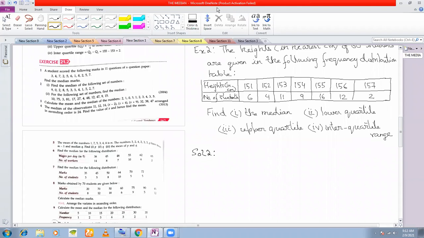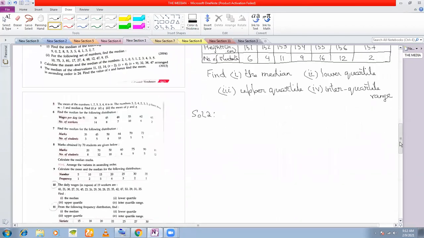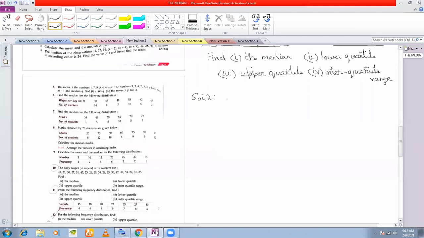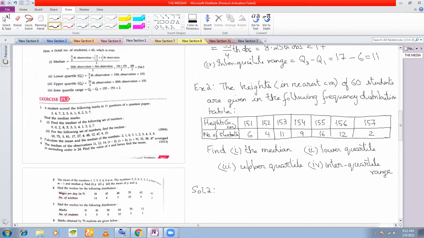First, what we shall do here is we shall draw 3 columns. The first one will be for your heights, because we need to find out the median height. We need to find out the median of this data.